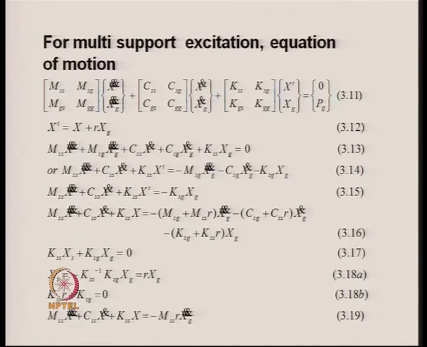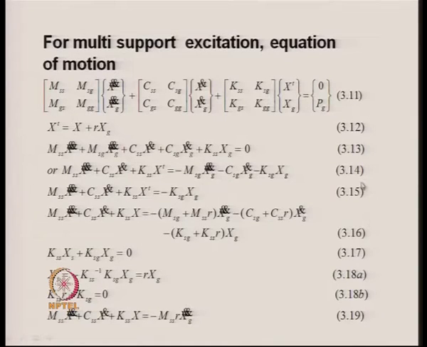Now, if you want to write down the same equation in terms of the relative displacements, then we rearrange equation 3.15 by substituting for x_t with the help of equation 3.12.